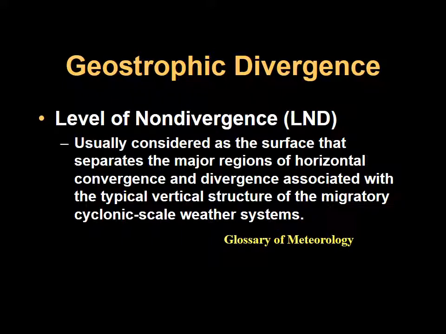Down low you have convergence and divergence caused by high and low pressure systems. Aloft you have more or less open waves. Those open waves also create convergence and divergence in the upper atmosphere, way up high near the jet stream level, because the jet streams cause acceleration and deceleration, which causes convergence and divergence.